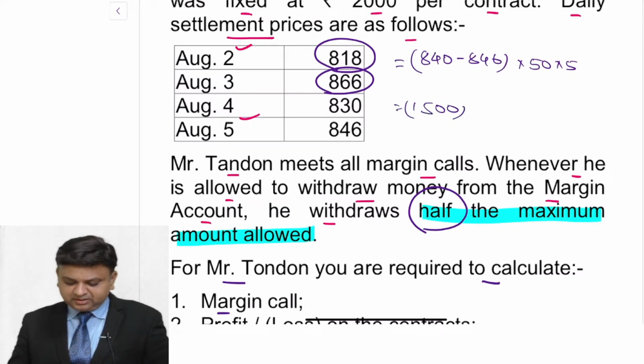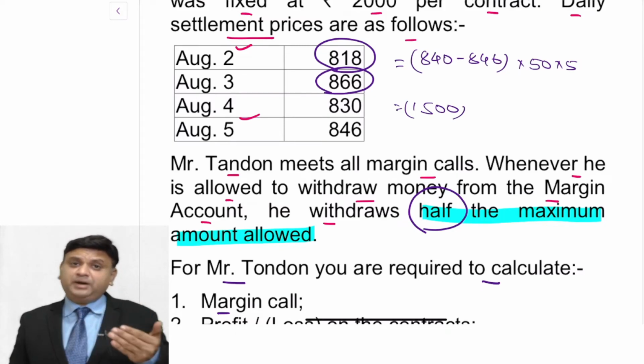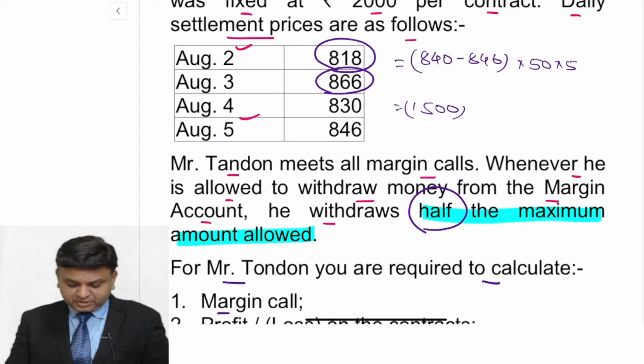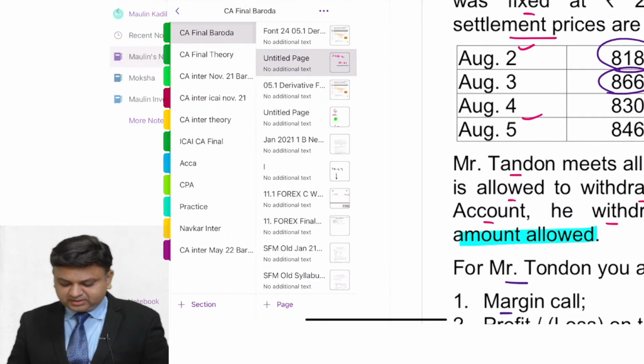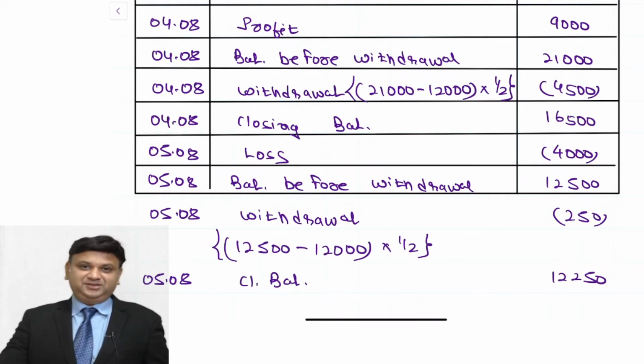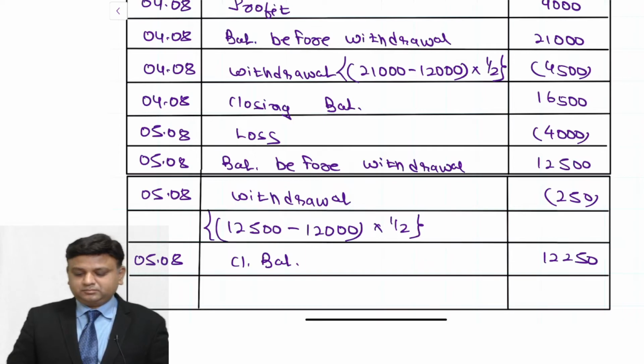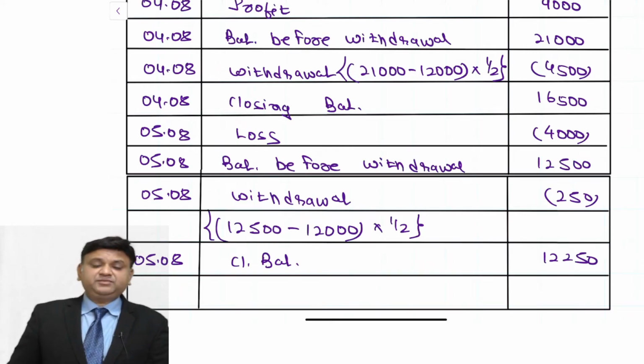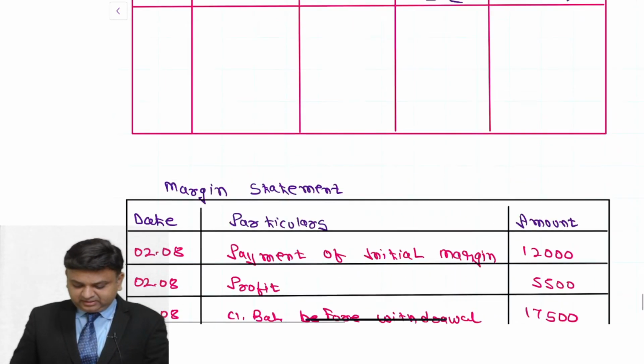Because basically if at all you are expecting the price of the security to further go up, then in that case of course you will be having some more amount of the loss, which you do not want. So in that case you will square off the contract, then you will end up with a loss of 1500.